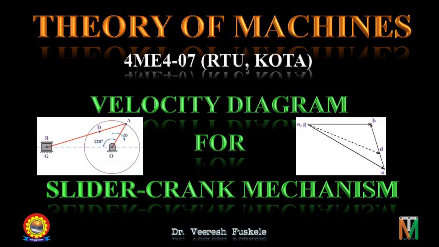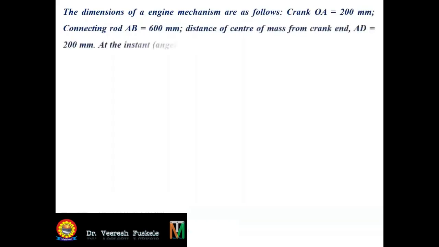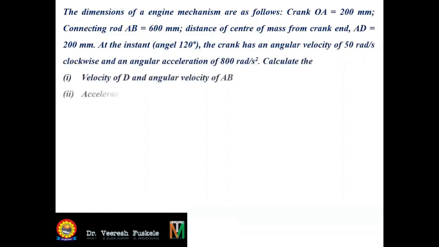To draw the velocity diagram of slider crank mechanism, we have taken up a problem which is as follows. The dimensions of an engine mechanism are as follows. Crank OA is equal to 200 mm, connecting rod AB is equal to 600 mm, the distance of center of mass from crank end AD is equal to 200 mm.